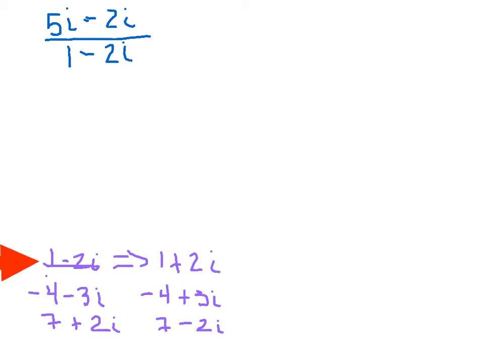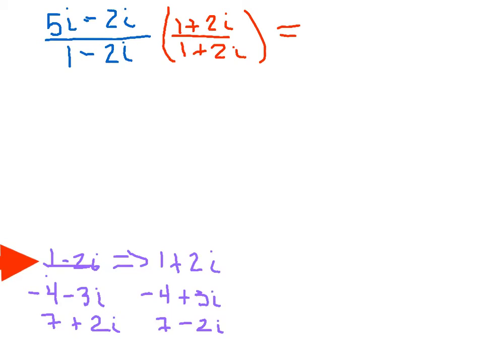So I'm going to multiply this by 1 plus 2i over 1 plus 2i, which is the same thing as multiplying by 1. Now I have to go through the whole hellacious thing of FOILing it.